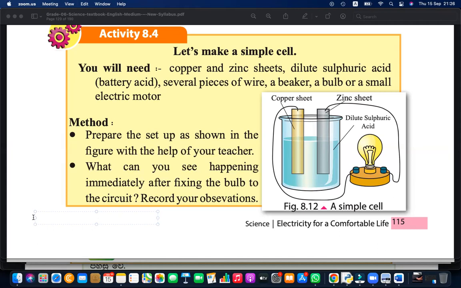Okay, what you need to do? Find some old batteries. Dry cells, right? No need to find the lead acid ones.